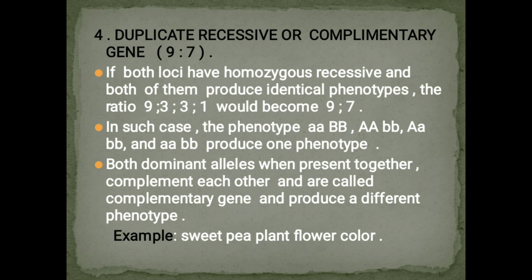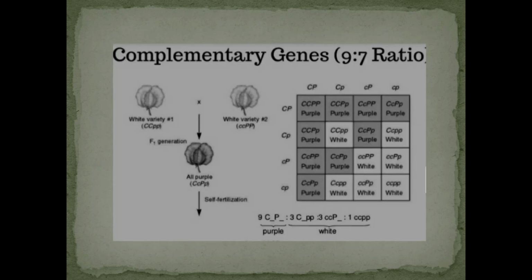Example: sweet pea plant flower colors. In this diagram, complementary gene, 9:7 ratio. For the color of pea plants, we observe white varieties and purple color.